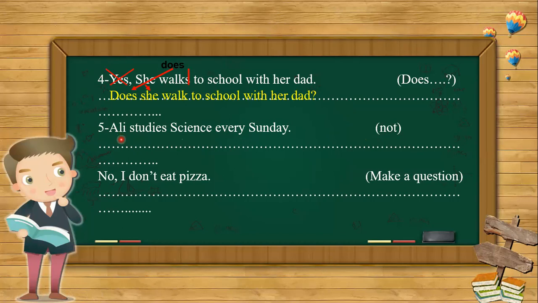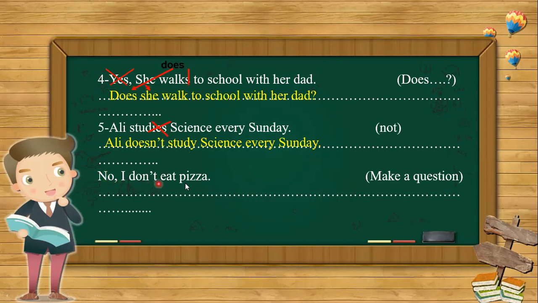So here I will cross, of course, the IES, and I will put doesn't. So it will be Ali doesn't study science every Sunday, because with doesn't, I don't put anything to the verb. I get the verb to its natural form, or the verb stem.